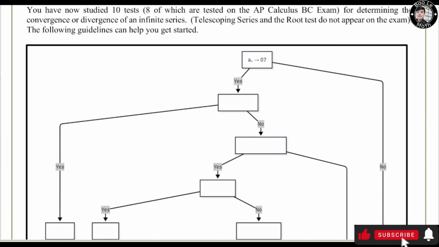Number 3, diverges. If both the absolute value of a sub n and a sub n diverge, then a sub n diverges. Now, suppose you are given the infinite series a sub n. What you need to do is find the limit of a sub n as n approaches infinity. You have two possible cases. Now, you're going to check to see if this limit equals 0 or not. If the limit of this series is not equal to 0, you have this case right here.